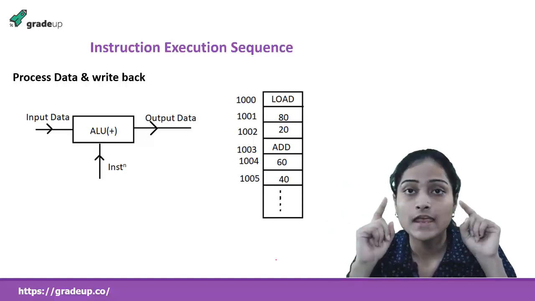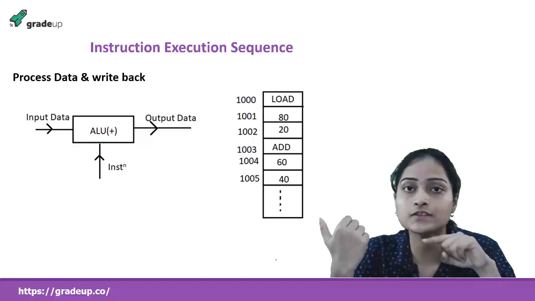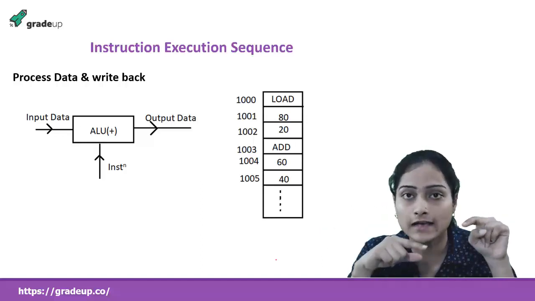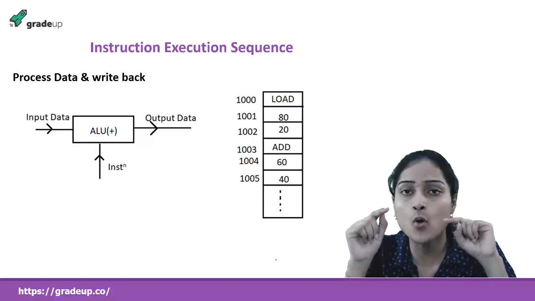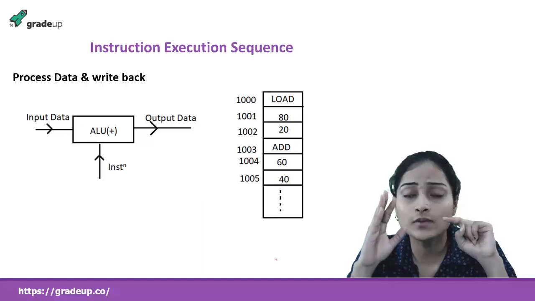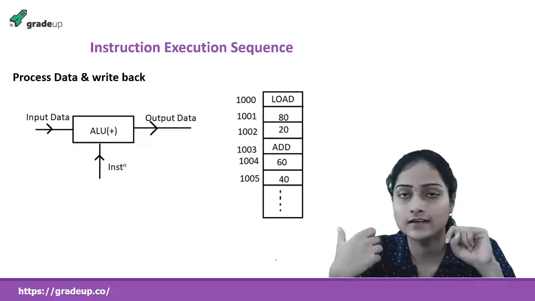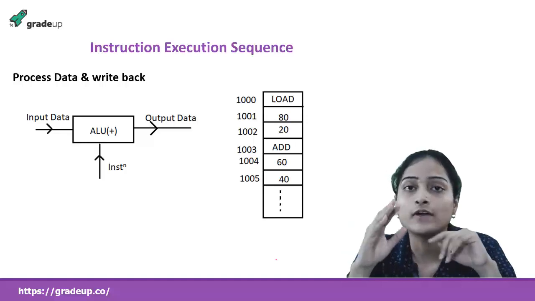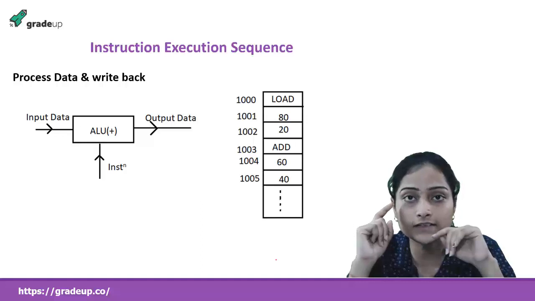See, in the first instruction I need to read my operand from memory because it has to be brought to the accumulator. In the second instruction I need not perform operand fetching because the ALU in my accumulator CPU can read one of the data items from memory directly. But now it has to perform A plus B. So there is some extra work which is required.